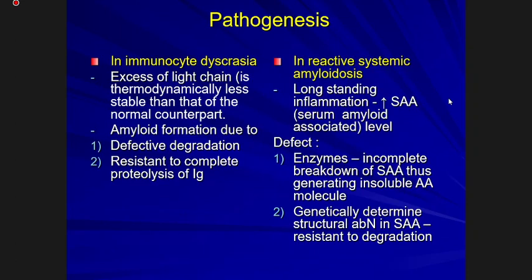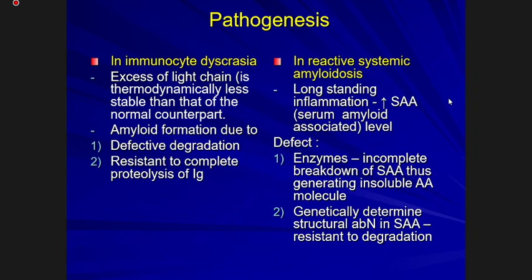The excess light chain gets degraded, but because of its slightly different chemical nature, the degradation is defective. So it doesn't get degraded in a normal way. It doesn't undergo a normal removal of this excess light chain. Do you get what I mean? Okay, thank you.